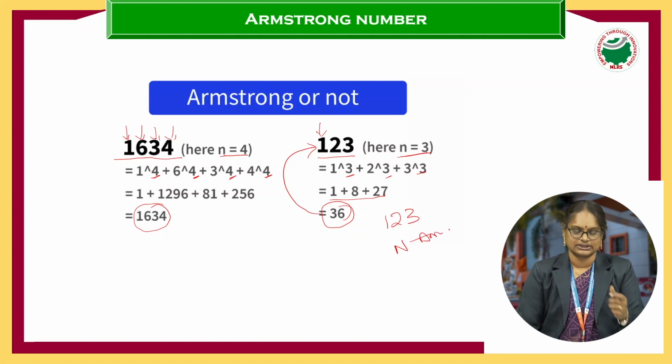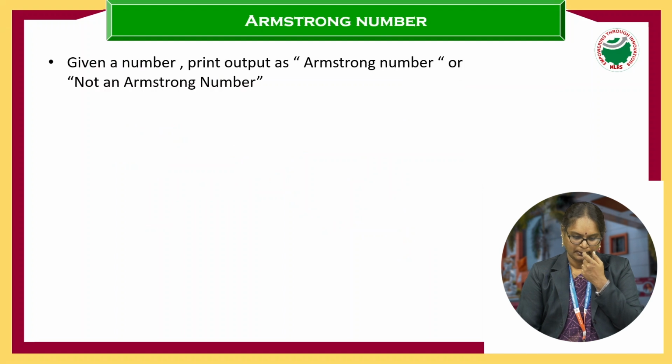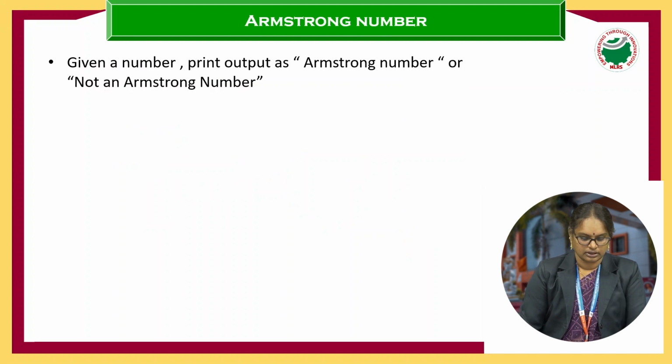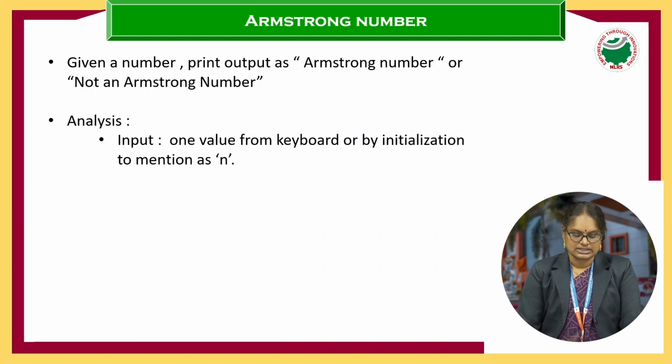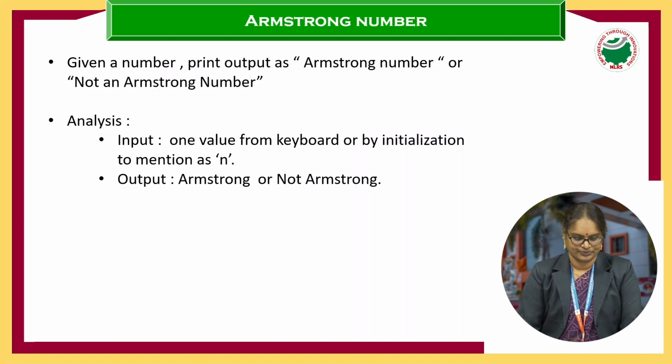Let's see the logic for this. My input would be one number. As usual, we will be giving the value from the keyboard or initialization, and I am mentioning the number to be n.